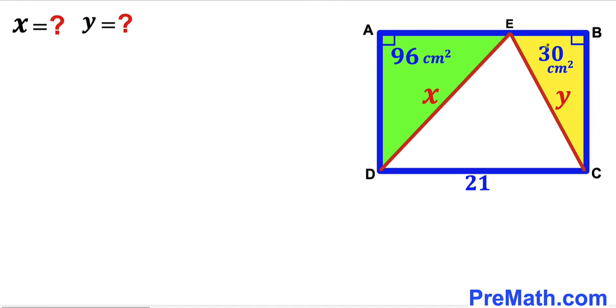The area of the yellow shaded triangle is 30 cm², and the side length CD is 21 cm. Furthermore, the diagonals DE and CE are represented by x and y. Our task is to find the values of x and y.